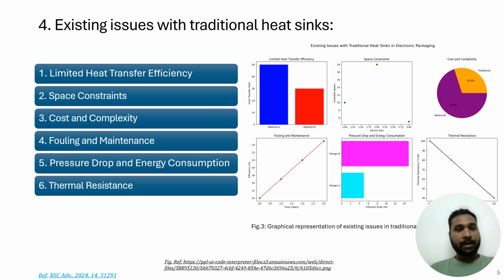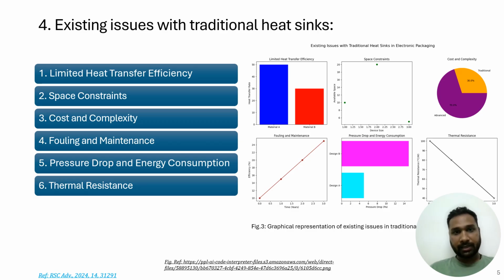Then coming to pressure drop and energy consumption, over time, generally in the case of active heat sinks, with the flow of air, water, and other things, the pressure drop and energy consumption eventually increase. And with corrosion and other surface defects, thermal resistance increases.